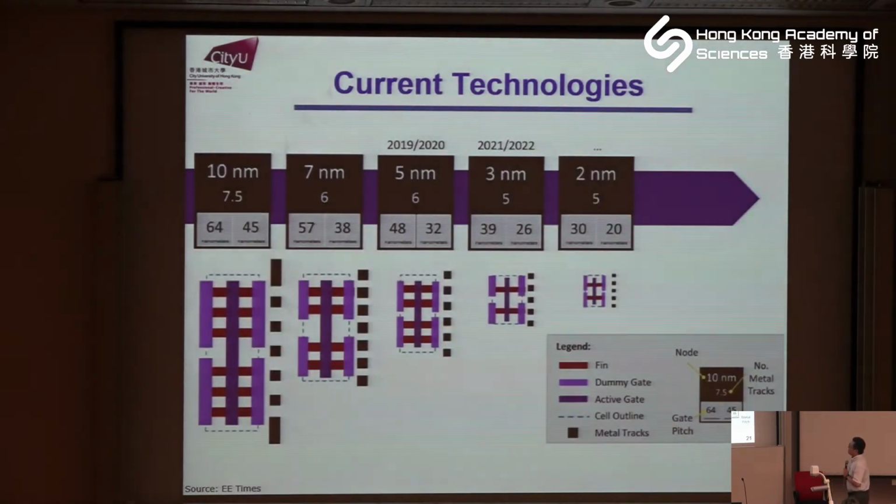So, what is the current technology? 5 nanometer. 5 nanometer is right here. As you can see, this is 2019 to 2020. And by 2020, 21, 22, we expect to have 3 nanometer technology in production in the industry. And beyond that, you can think about 2 nanometer, 1 nanometer. That's why, as mentioned in the earlier slide, we are really in a golden opportunity time to look for a replacement active material for electronic devices.